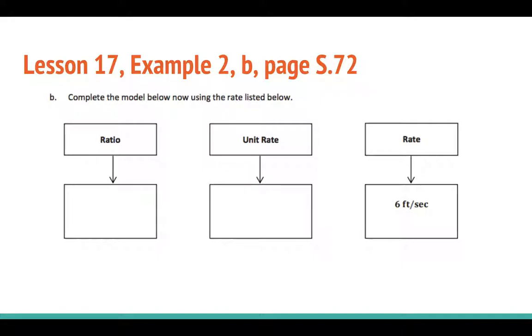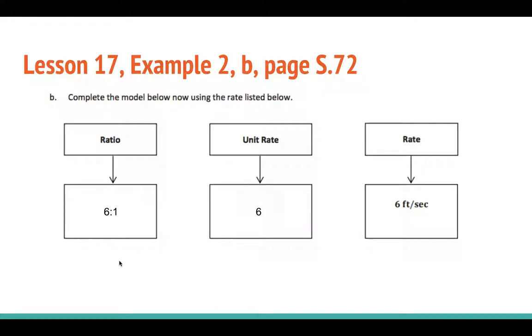Complete the model below, now using the rate listed below. Here we're given this rate, 6 feet per second. So that means our unit rate is 6, right? Here's this number here. We're going 6 feet per second. Our ratio is 6 to 1 because that's 6 feet for each second.